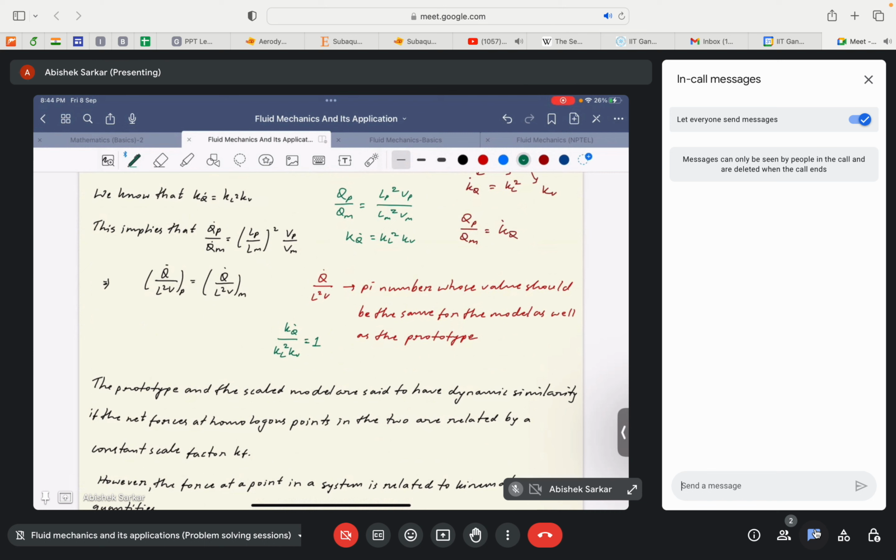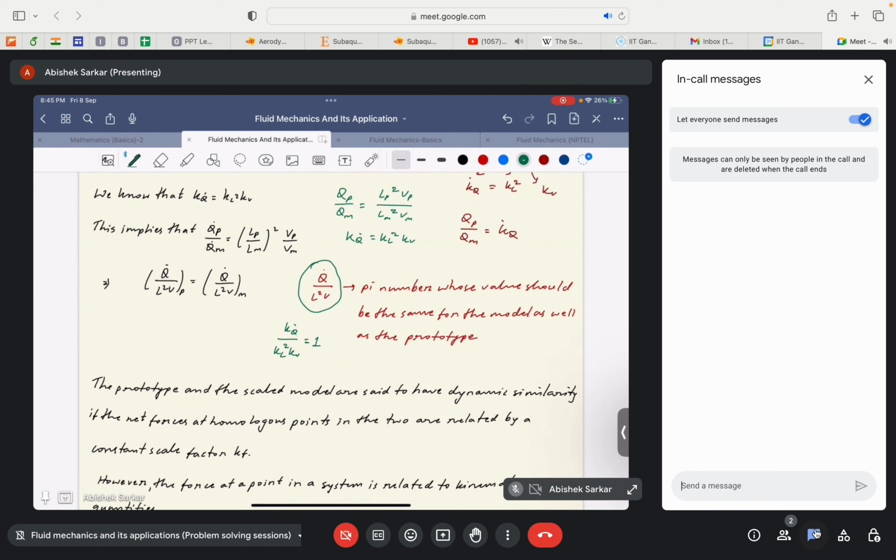Once we know the physical parameter that we want to compare between the prototype and the model, and we know the scaling factors of this physical parameter, as in the case of volume flow rate, the ratios of these scaling factors should create a non-dimensional pi number that can be used as a non-dimensional parameter to characterize the flow experiment or flow field, whatever we want to characterize.